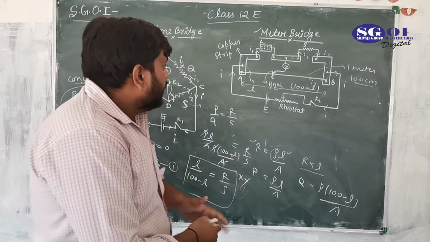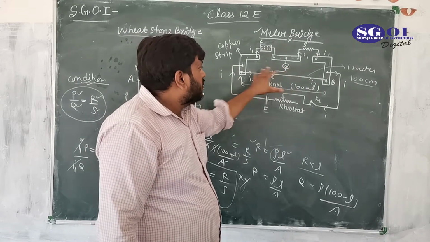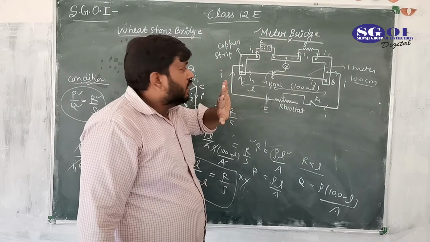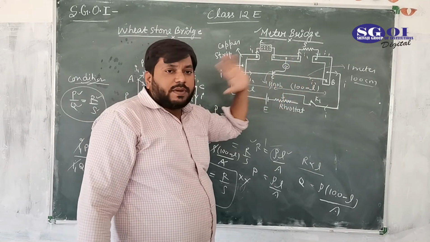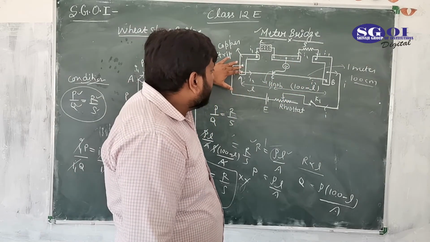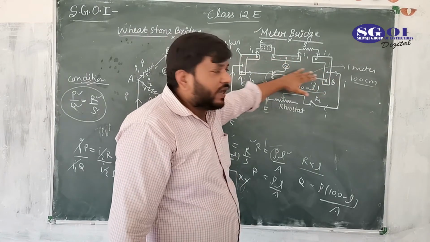And suppose at this point there is no deflection, it means this bridge is balanced. Then the length of this part and the length of this part is found out by the meter scale, which is just below this wire.